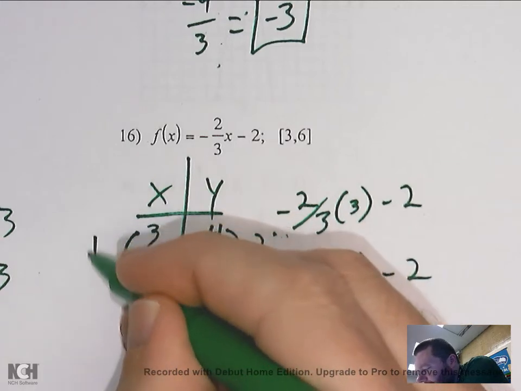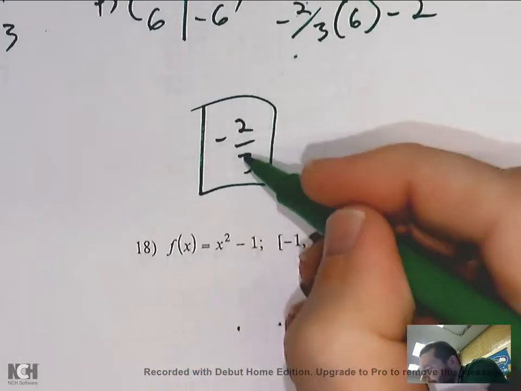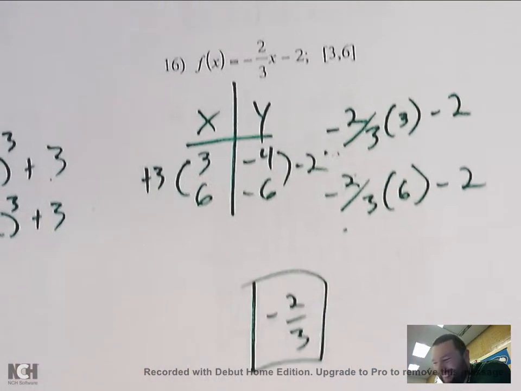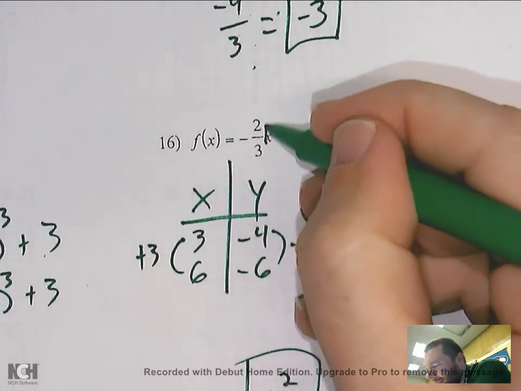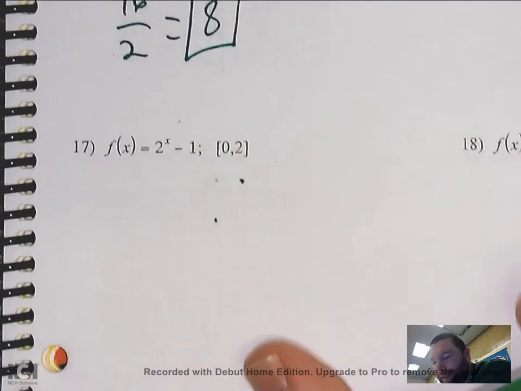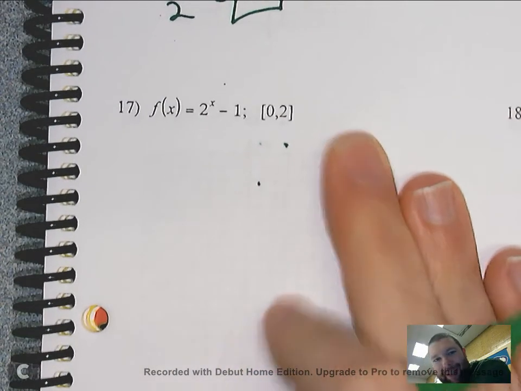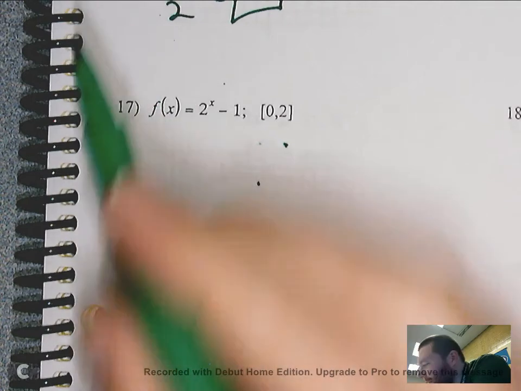This side went up 3 spots, negative 2 over 3. That's what I got. Hey! Okay, but again, if it's a linear equation, you don't even have to bother with the table. It's just that number that's multiplying with the x is your answer. That's only with linear equations, though, which there will probably only be one of them on your test, just so you know.